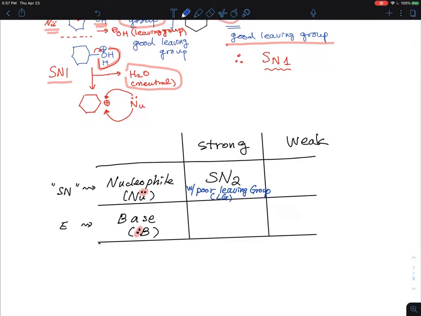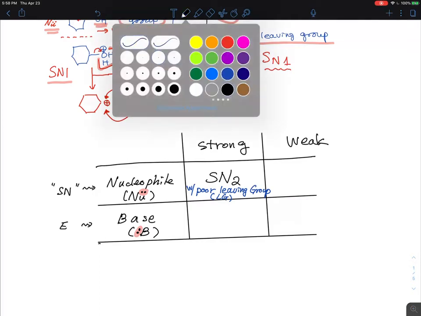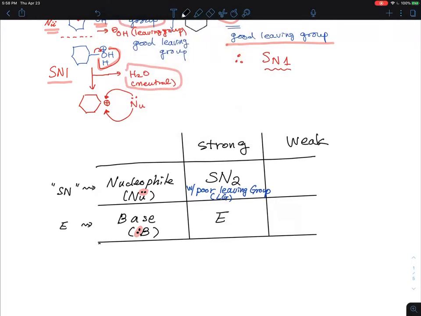What about the base? If it is strong, regardless of the leaving group, this is a very hot molecule trying to take the protons from the molecule, so we can say that this is an E2 mechanism.